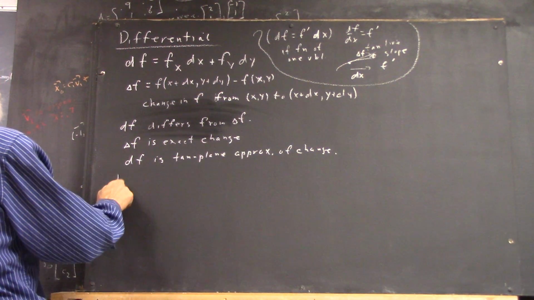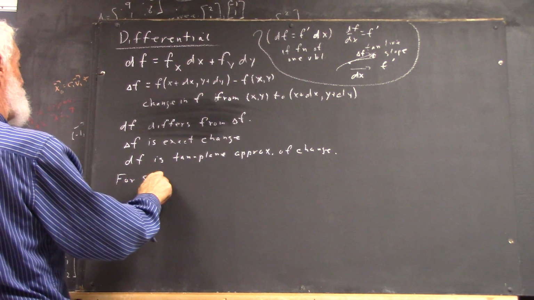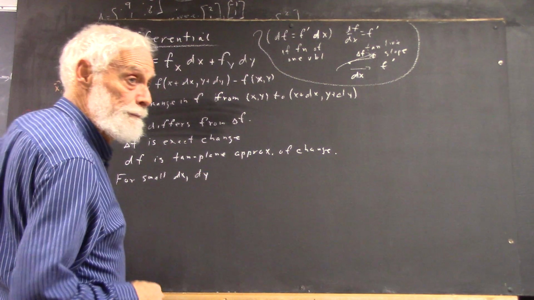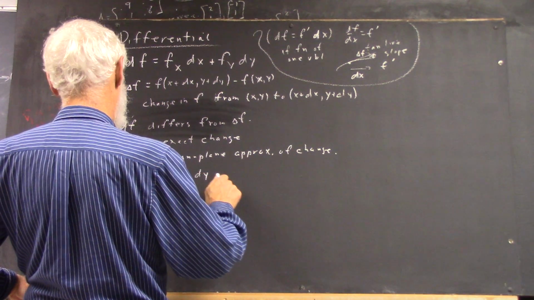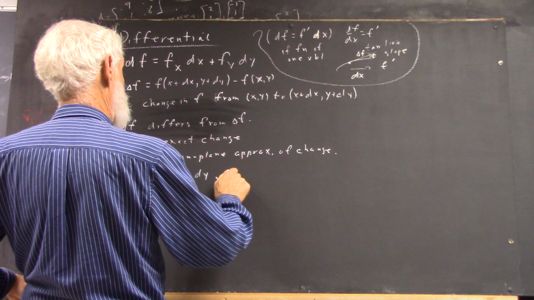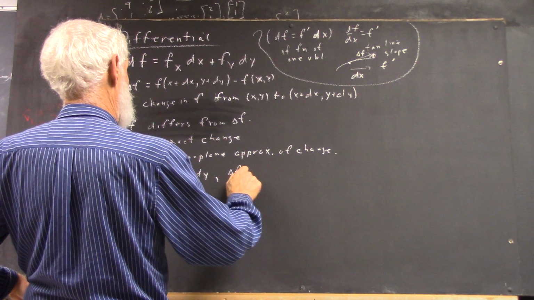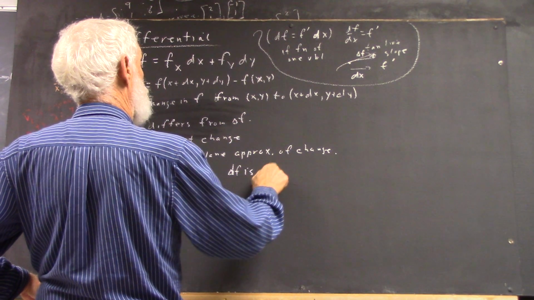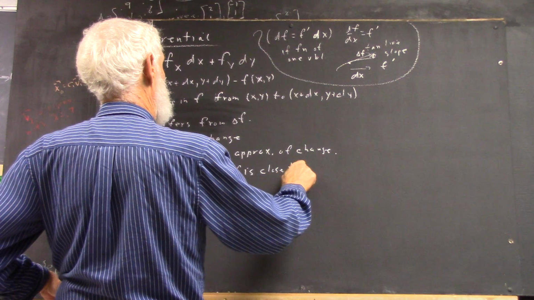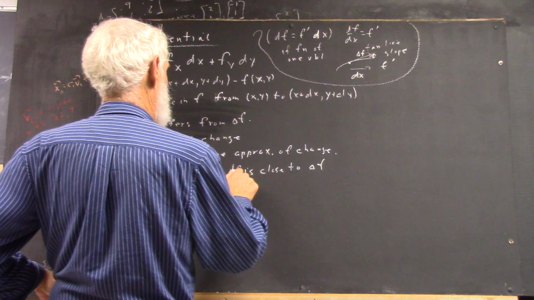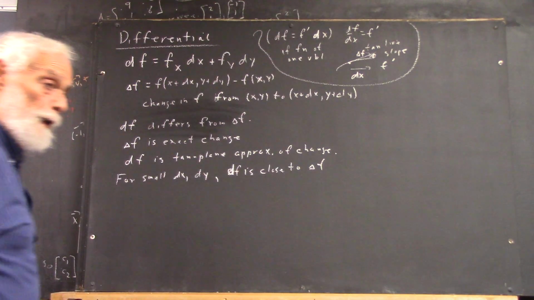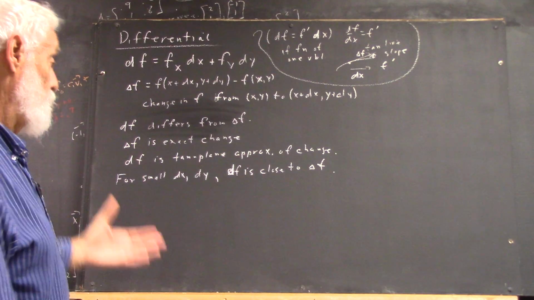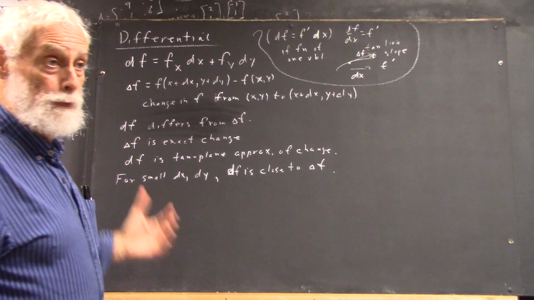For small dx and dy, let's write df first. df is close to delta f. Okay? Now we can quantify that, we can prove that. But intuitively, that's what it is.